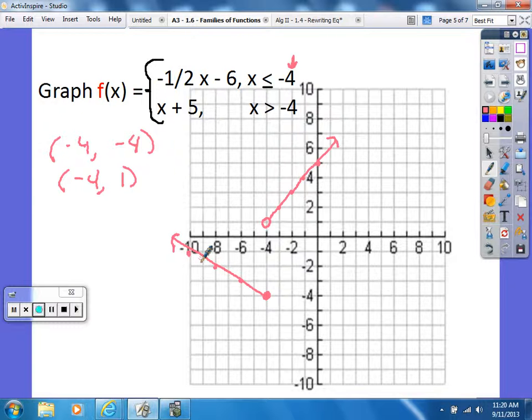Notice you have to break it down. If you look at the entire thing at the beginning, that was overwhelming, wasn't it? But I broke it down into making points and then using the slope. That's all I do for a piecewise function. Do I have any questions on piecewise functions? Sacco. Because I used the slope right here.